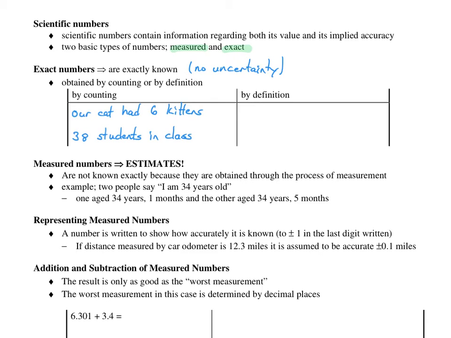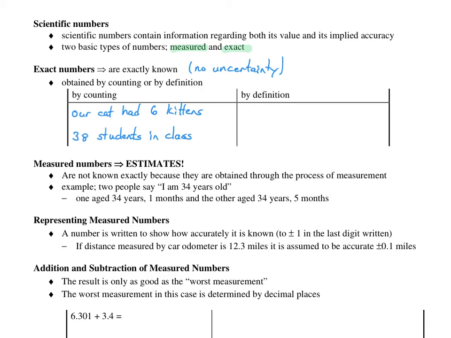For example, we could say our cat had 6 kittens, or there are 38 students in the class. Both of these are examples of exact numbers obtained by counting. We know we don't have 6.5 kittens or 7.53 kittens. This number is an exact number.